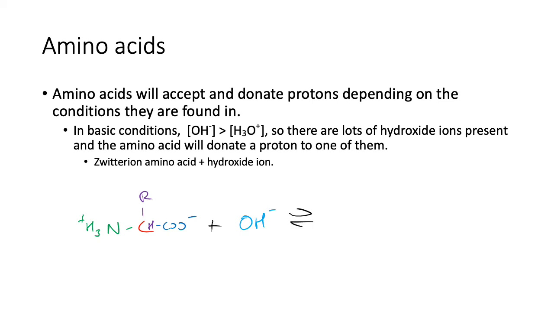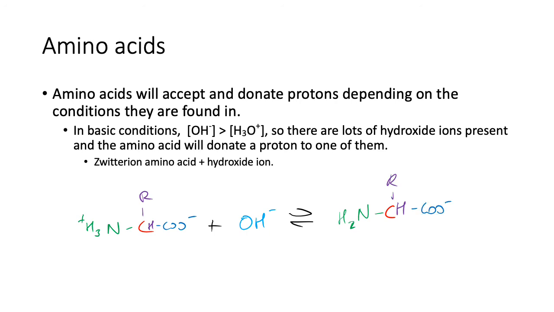And you're going to therefore donate protons to this hydroxide ion. And where do those hydrogens come from? That amine group. So that amine group loses a hydrogen, and the rest of it stays the same.